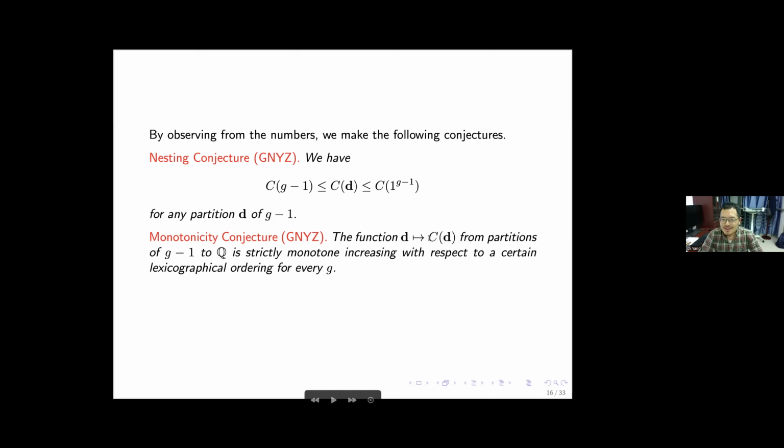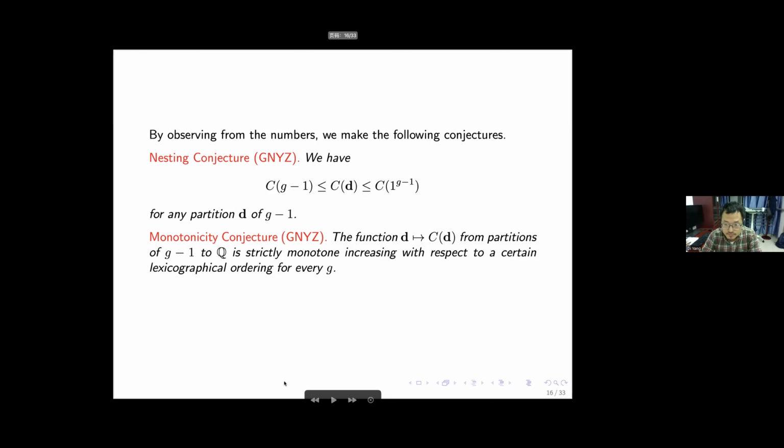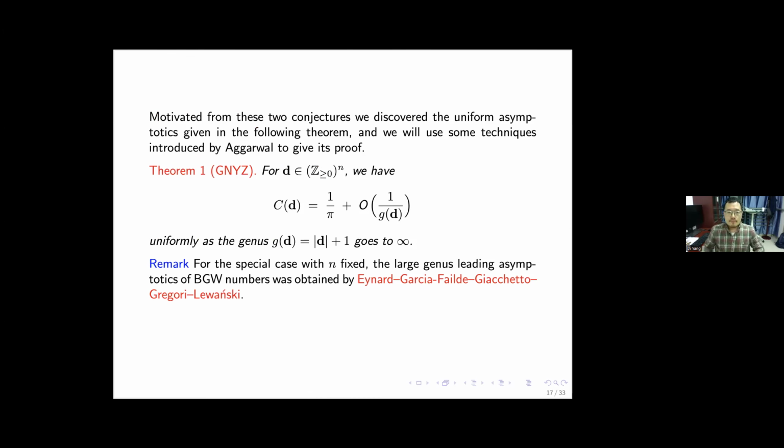In the very beginning, they introduced this normalization, and they made this nice observation. They did many experiments, and they made this conjecture. Here are only some of these numbers.